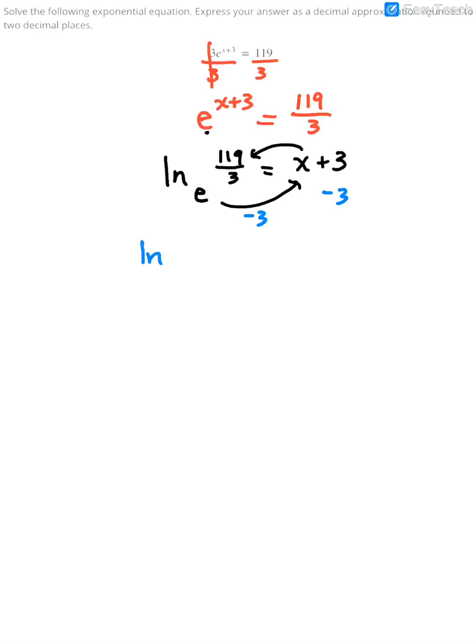So I have the natural log of 119 over 3 minus 3 is equal to x. So I punched it into my Desmos calculator, and when I round it to 2 decimal places, x is going to equal 0.68.